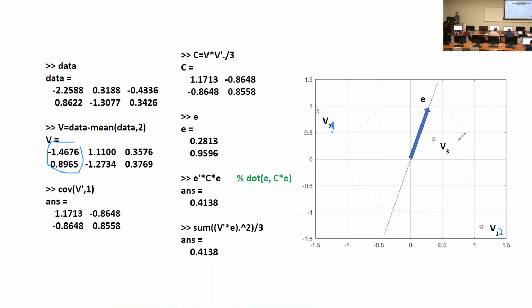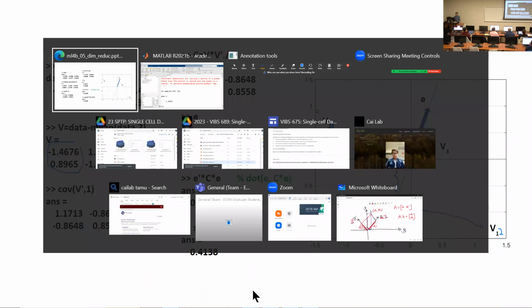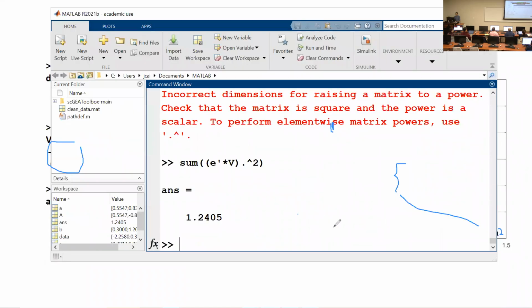The third one, 0.3, 0.3. Yeah, so I messed up. So this should be the first one, and this should be the second one. So the projection of the second one is negative 0.9 something. Okay. So all you have to do is make a total of this distance. So now this is the total of the distances.